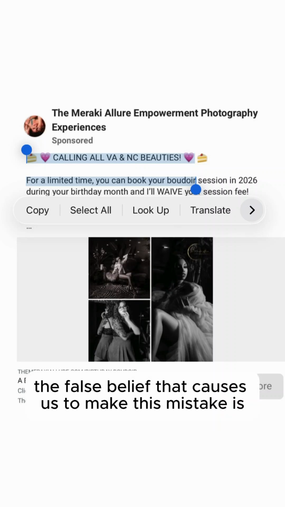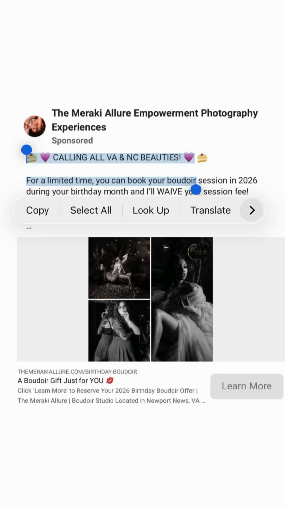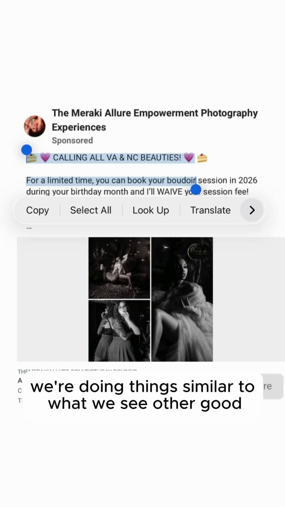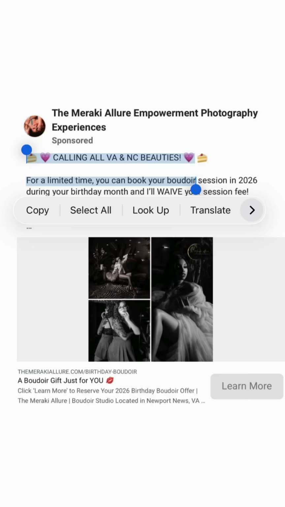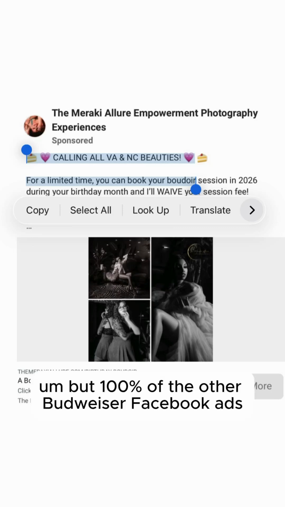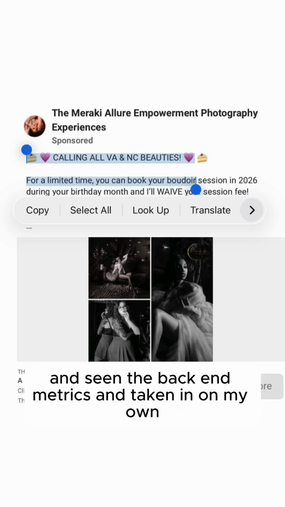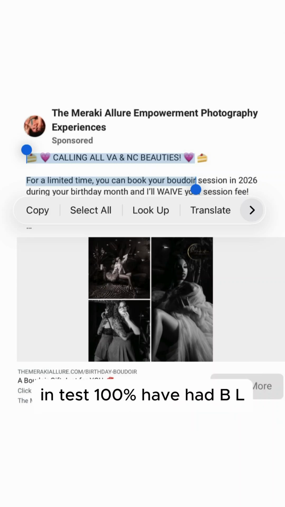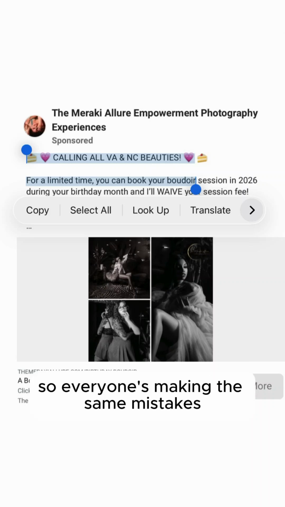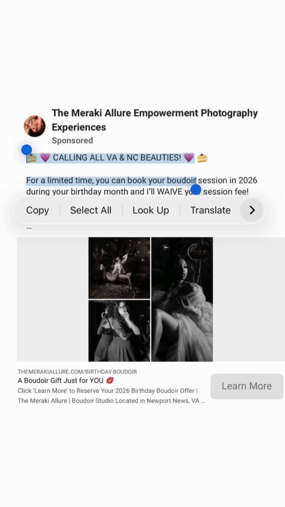The false belief that caused us to make this mistake is, we're doing things similar to what we see other boudoir photographers doing. But 100% of the other boudoir Facebook ads I've seen, and seen the backend metrics on, and tested on my own, have had BLCS, Boudoir low click syndrome. So everyone's making the same mistakes.